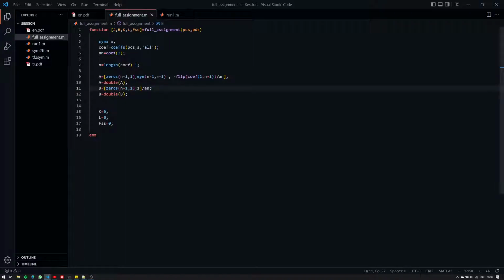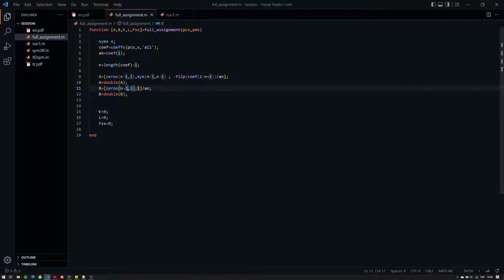We're dividing here by an. And that should be good to go. Now, this is the A matrix and B matrix. So, of course, if you have a fourth order system, you can just skip this n here and hard code it. But in order to show you the general solution, this is basically it.